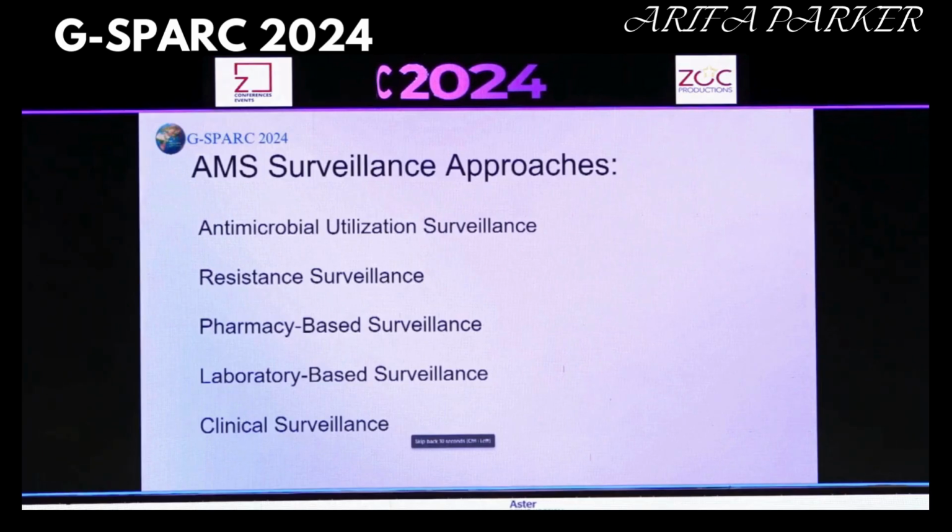One advantage of using pharmacy data for stewardship for IPC purposes is that you find the patients that have culture negative hospital acquired infections, and you can actually intervene early.